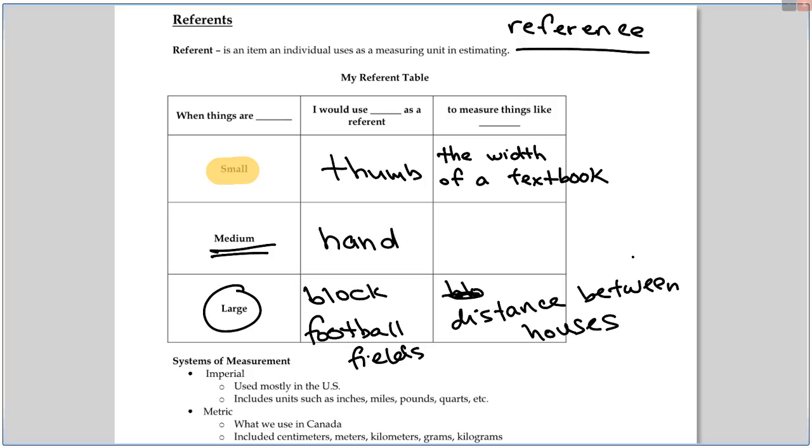I would use a hand as a referent to measure things like the height of a horse. So it's just giving a physical reference to something so that we can all understand it. Because if you say, well, it's 13 decimeters away, like what is that? I don't even know what a decimeter is. So these are more everyday use.